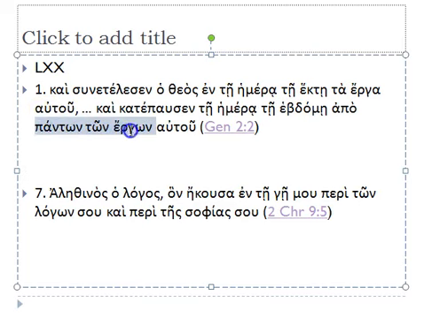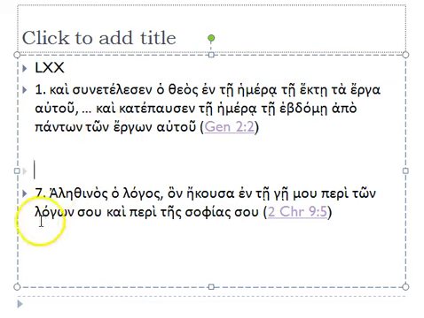If you're really observant, you'll notice something weird here. Panton ton ergon is technically predicative position. Adjective, article, noun. But the adjective for all, panton, is one of those few exceptional adjectives that only shows up in predicate position, never attributive.